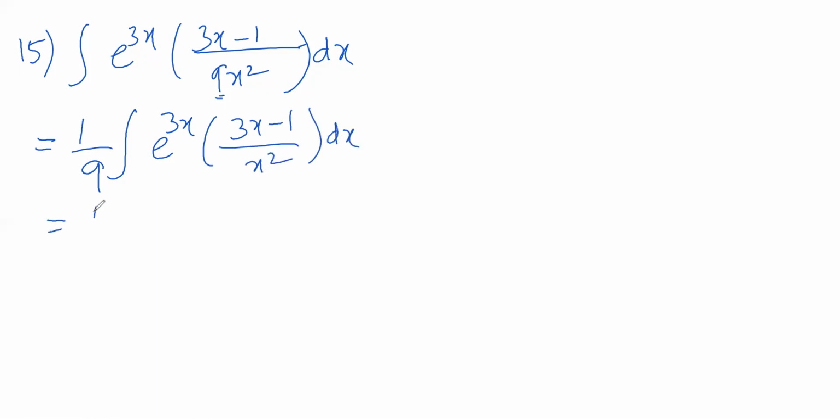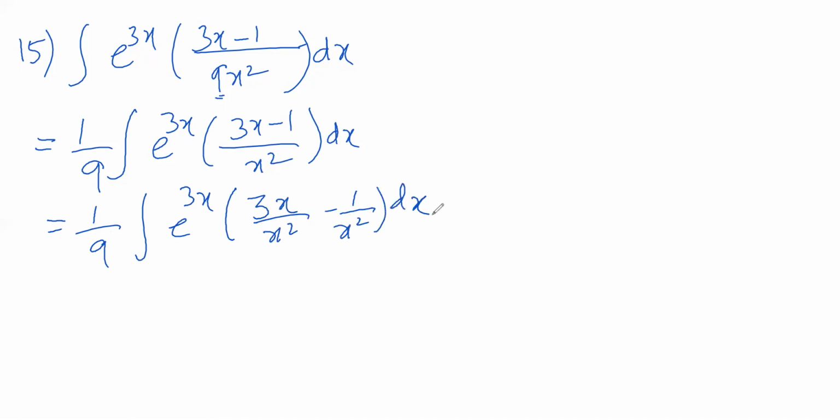This numerator has two terms, denominator one term, so we'll write 3x by x squared minus 1 by x squared into dx.